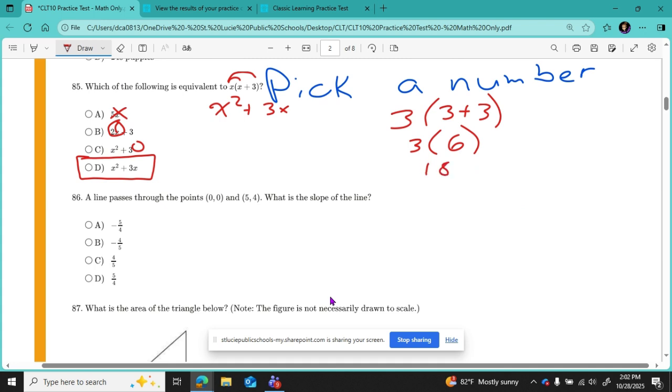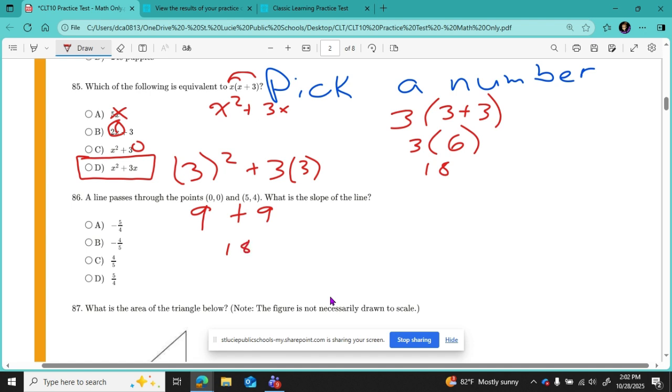And if I put in a 3 for both of my x's over here, I'll also get 18. I know that 3 squared is 3 times 3, which is 9, plus 3 times 3 again, which is 9. 9 plus 9 is 18.